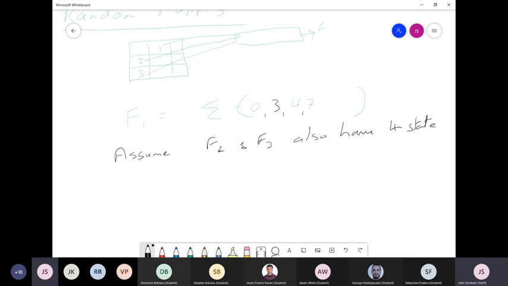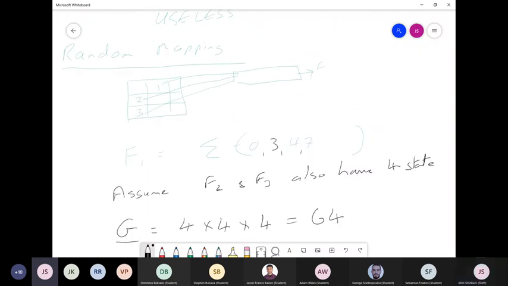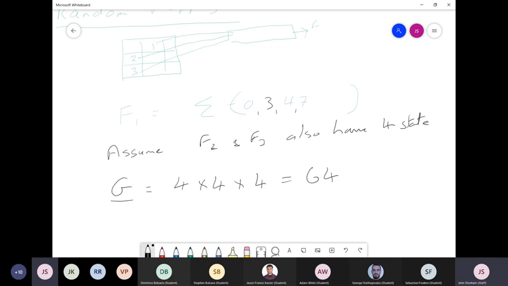Then the generalization set for this mapping, G, is going to be 4 possibilities for F1 times 4 possibilities for F2 times 4 possibilities for F3. 4 4s are 16, 64. So with that mapping, the training set of 8 would generalize to a generalization set of 64.